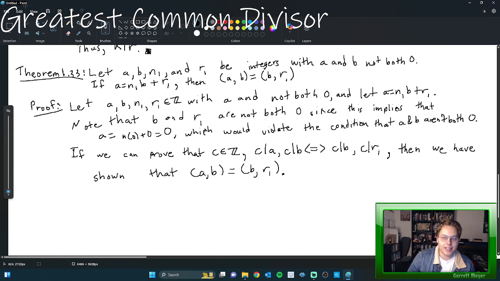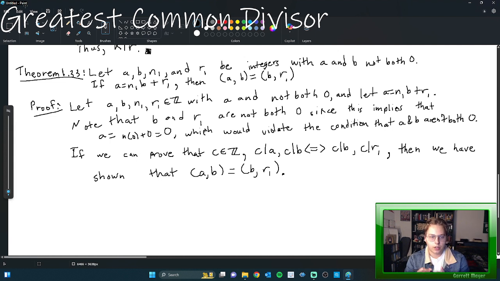So why is this sufficient to prove this? The reason is that if you can prove this biconditional statement, that means that A and B have the same list of divisors as B and R1. If it's in the list of common divisors for A and B, it's also in the list for B and R1, and the reverse is true. That means they have the same list of common divisors.